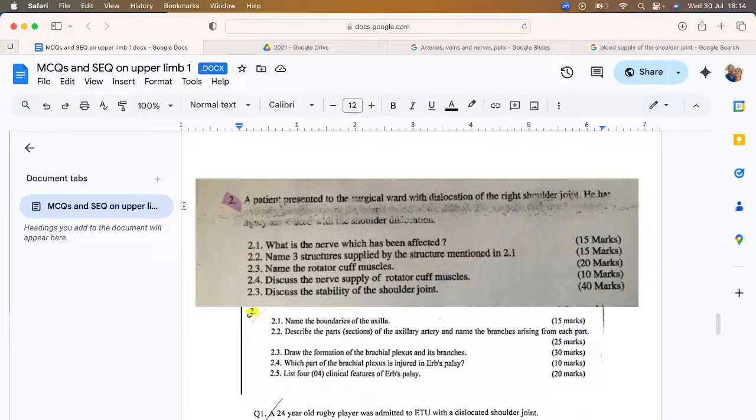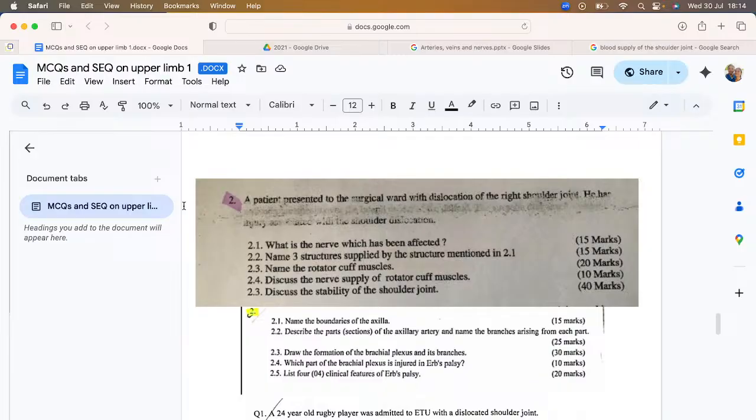So the deltoid and the teres minor are the muscles that are usually innervated by the axillary nerve. You can see that they give 15 marks for this question. So obviously you can understand how the marks are allocated. There are three structures, so that means 5 marks for each answer that you give.